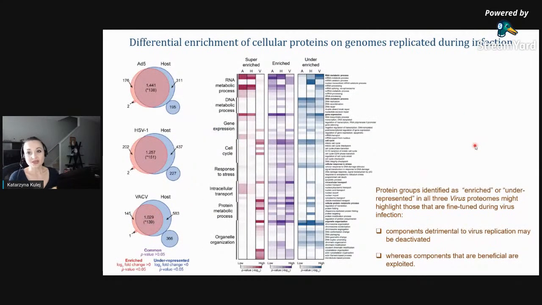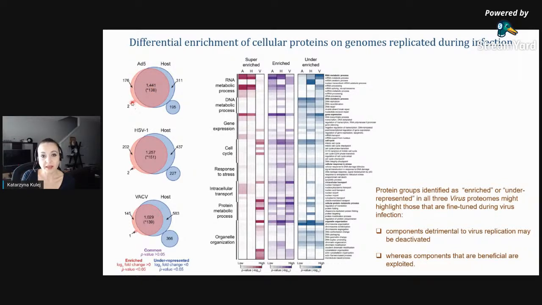So overall, in our pull-down, we identified proteins which we can divide into three groups. One group are the proteins which are equally enriched on the viral and the host chromatin, or where there is no significant difference between their enrichment.